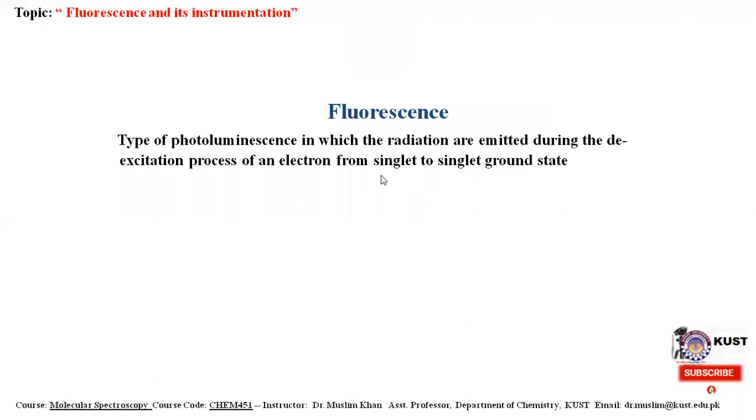We have discussed the singlet state and singlet ground state and also a triplet state, and also the Jablonski diagram for fluorescence, phosphorescence, internal conversion, de-excitation process. All these things we have discussed in detail in our previous lecture. So today we will be focusing more on the instrumentation of fluorescence, or the fluorometer.